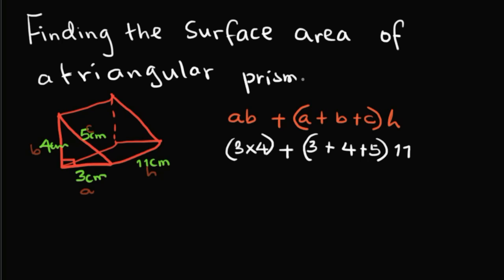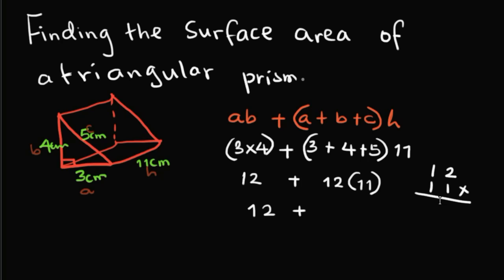So going on, we get 3 times 4, which is 12, plus 3 plus 4 plus 5, that is 12, times 11. So let's check 11 times 12. 1 times 2 is 2, 1 times 1 is 1, 1 times 2 is 2, and 1 times 1 is 1. So we get 2, 3, and 1.